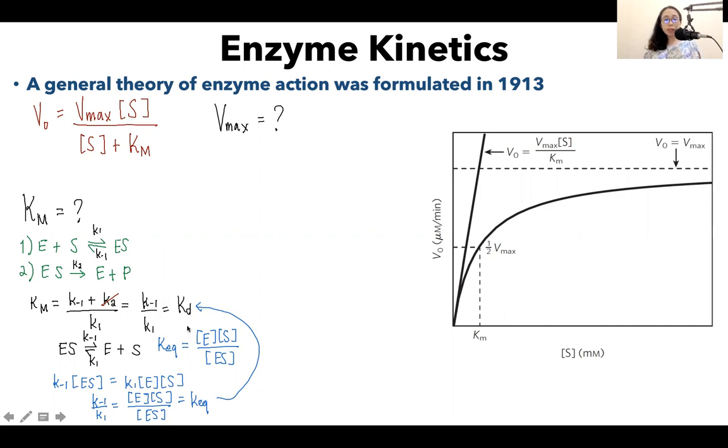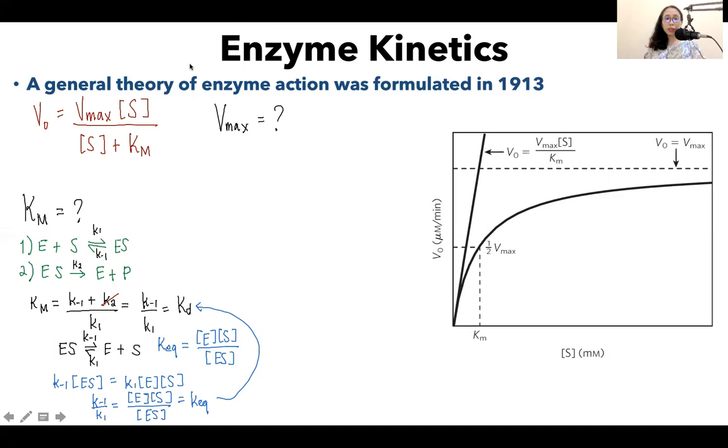And if this has a very high value, it means that your substrate tends to dissociate from the complex. And if this has a low value, then we can say that the substrate has high affinity for the enzyme because it doesn't easily dissociate from the complex. So again, the Michaelis-Menten constant is not a definite measure of affinity between the substrate and the enzyme.